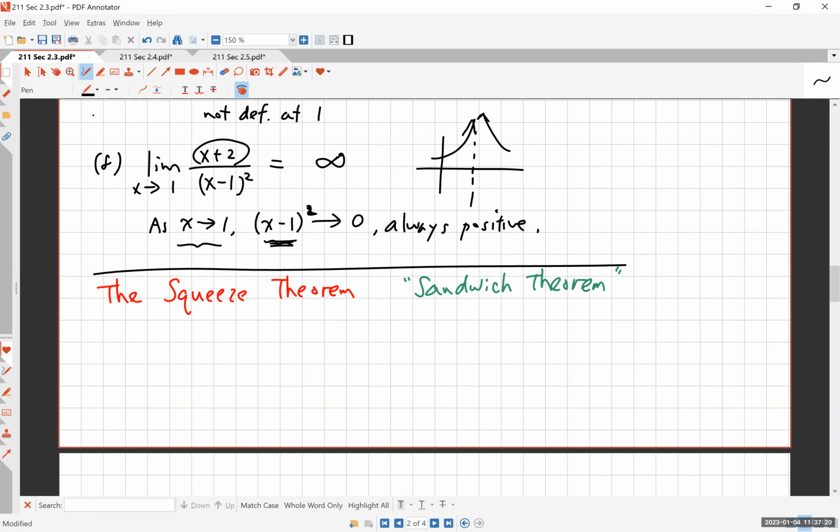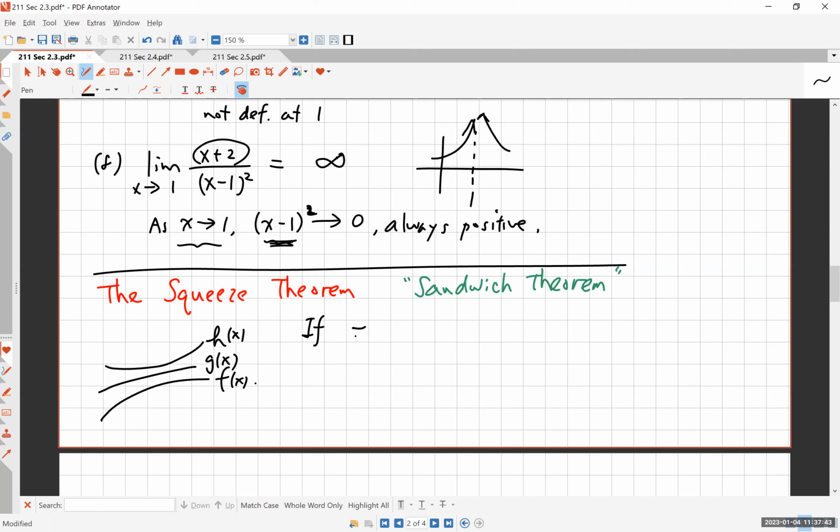Okay, so what is that? Well, all right, so this is the sandwich idea or the squeeze idea. Let's say you have 3 functions. Okay, so you have f(x), g(x), and h(x). And you know that f(x) is less than or equal to g(x), which is less than or equal to h(x). So here is the given.